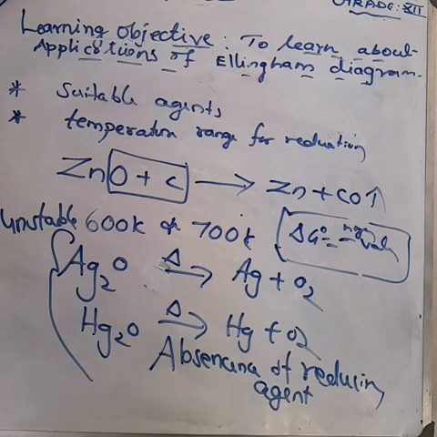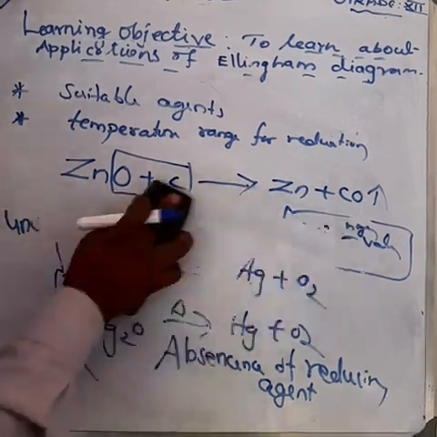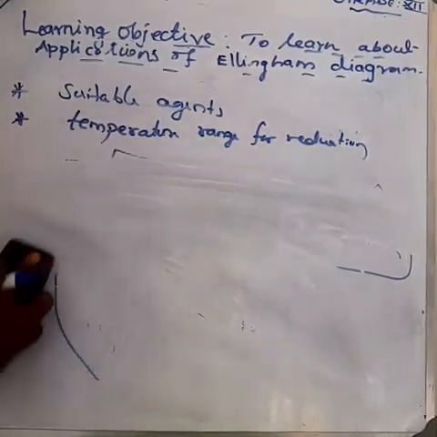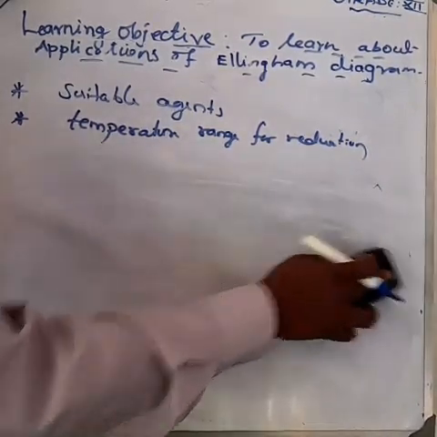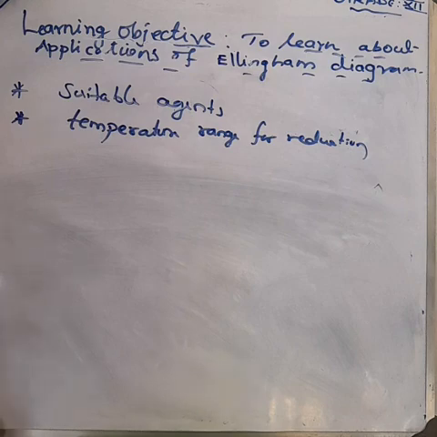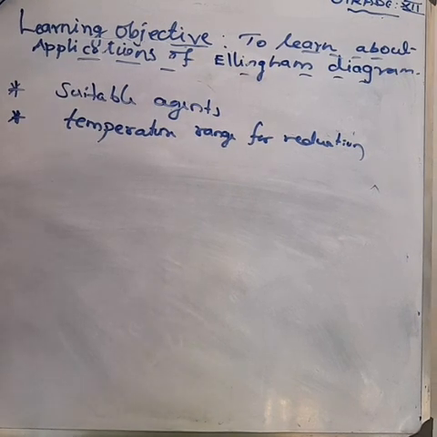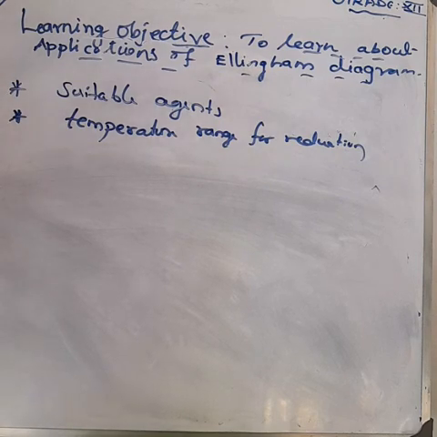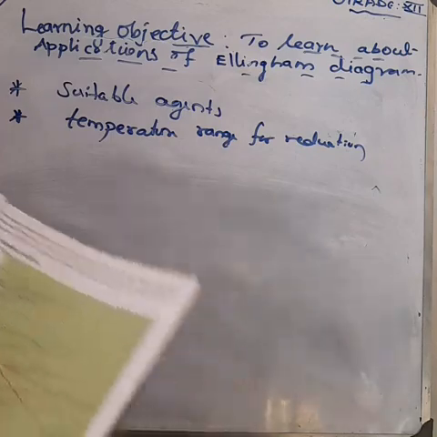Second point: the Ellingham diagram is used to predict the thermodynamic feasibility of reduction of oxides of one metal by another metal. Here one metal can reduce other metals.